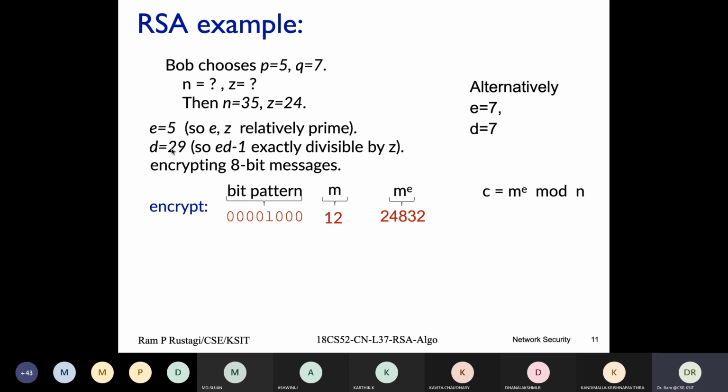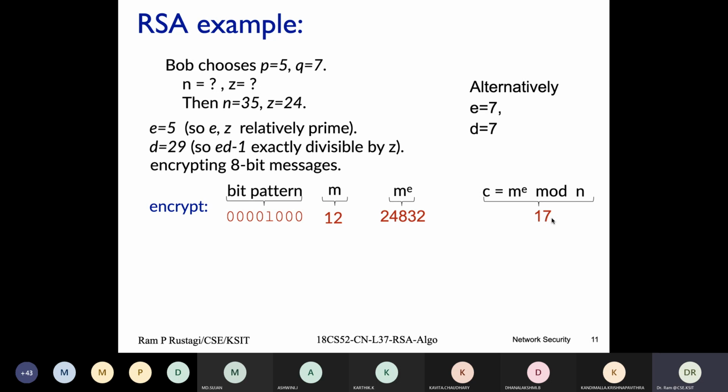Understand, when you're computing E and D, we do modulo Z, but when we encrypt, it is modulo n. That's the property you need to look at. 248832 modulo 35 would basically give me 17. So my given message M, I encrypted using public key E, 12 raised to power 5, modulo n, gives me 17.